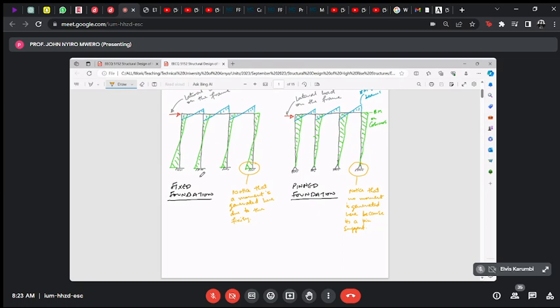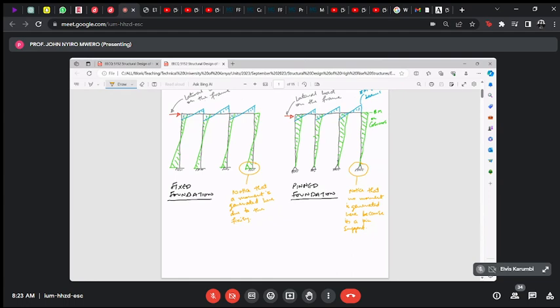In physical terms, because some bending moment is resisted at the foundation, less bending moment needs to be carried by the rest of the frame.